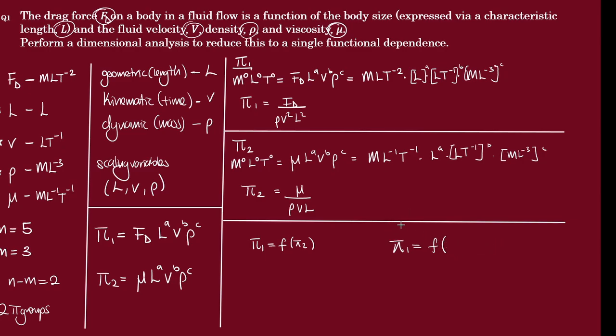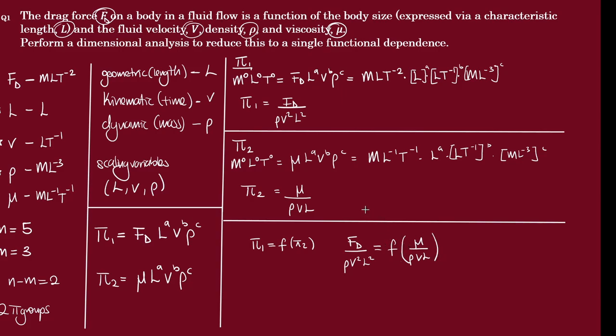Let's simplify our solution. So pi 1 is a function of pi 2. So that means F of D divided by rho v squared L squared is a function of mu over rho V L. Okay?